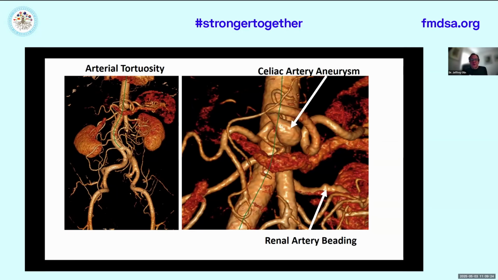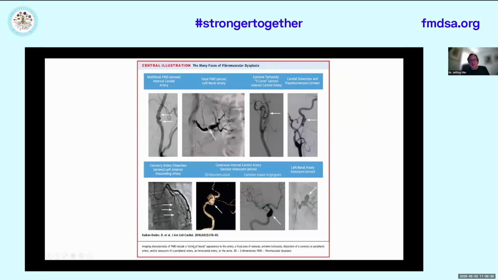In order to diagnose FMD, you have to either see the string of beads or you have to have a focal area of stenosis. And I'm going to finish by showing you an example or two of, well, you can have FMD without those things.